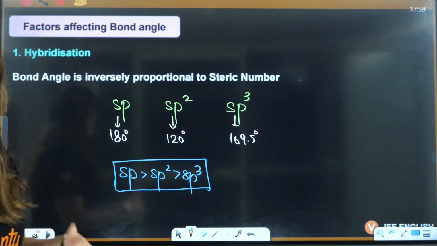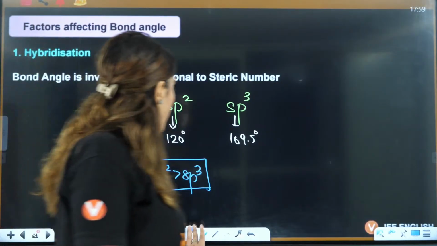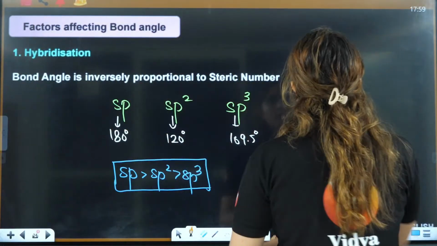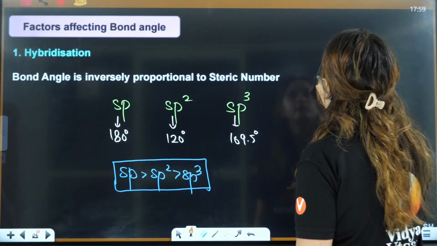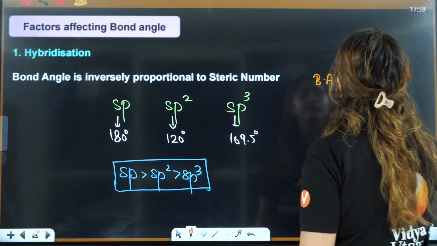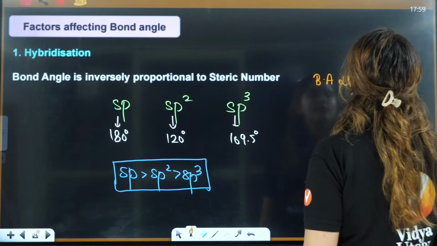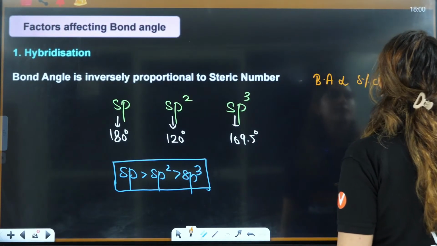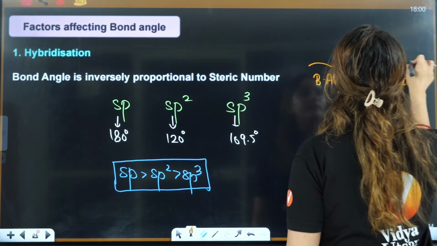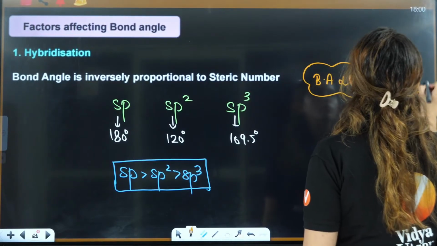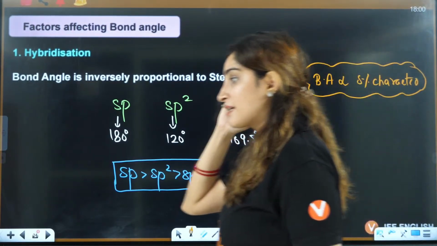That means more is the S character, more will be the bond angle. More S character, bond angle is directly proportional to percentage S character, right?